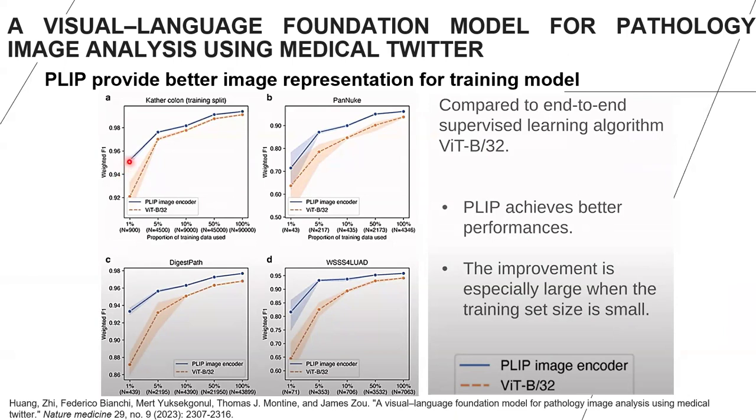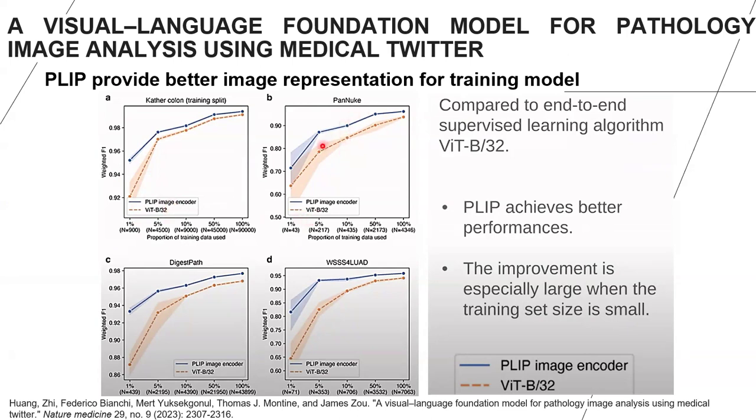PLIP obtained 95% accuracy on 1% of data. If we further increase the data to 5%, its accuracy reaches 97%. And if we further increase the data to 10% of the Kather colon dataset, it will further increase as compared to vision transformer. So they have compared their model with vision transformer.